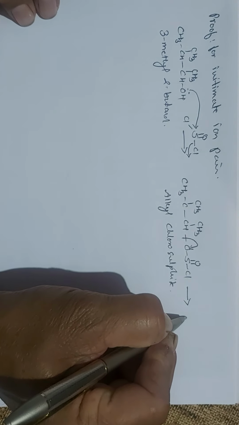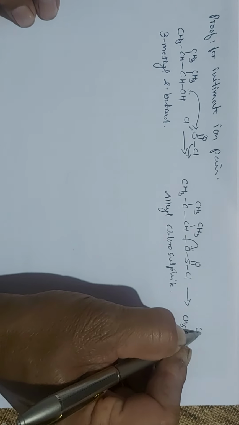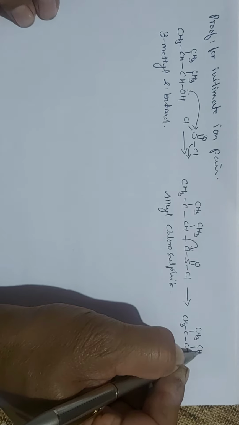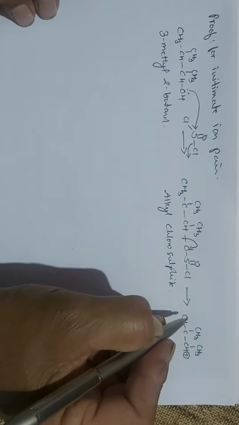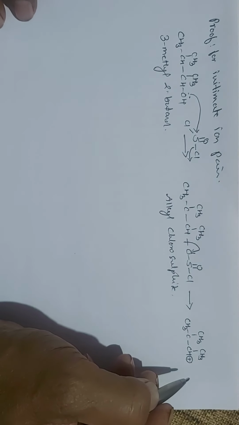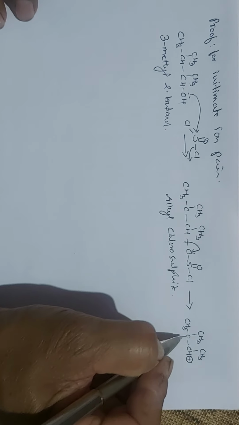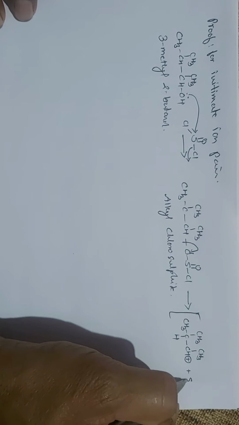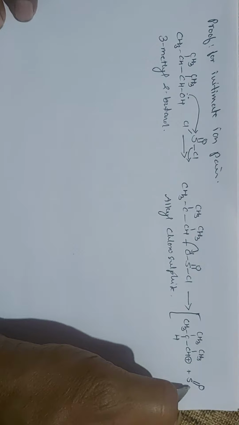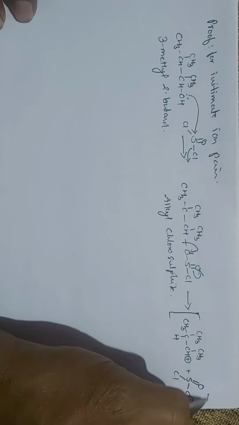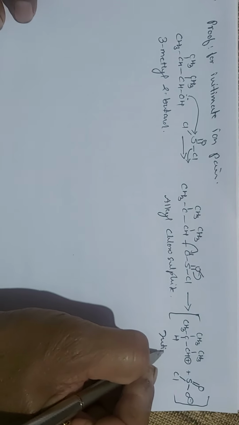And as this bond cleaves, we get the formation of the intimate ion pair, that is CH3, with the positive charge, and so this is the carbocation which is obtained, plus sulfur with this oxygen with negative charge and the chlorine. So this is your intimate ion pair.